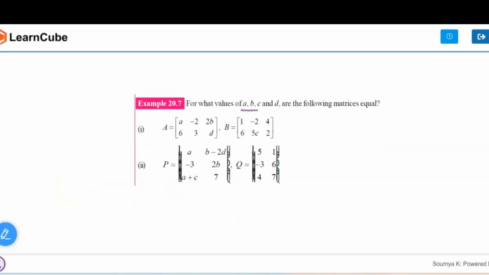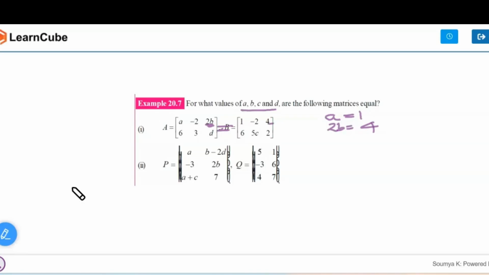For what values of A, B, C, D are the following matrices equal? So it is said that they are equal. Now you have to find out the different values. So from the given question, we say that both are equal, so we can put it as A is equal to B. And let's write down the equations that are possible. So A is equal to 1. Now let's write down 2B, that is equal to 4.